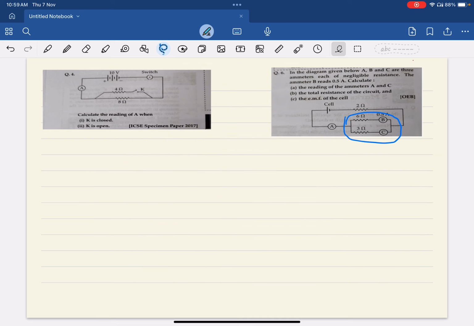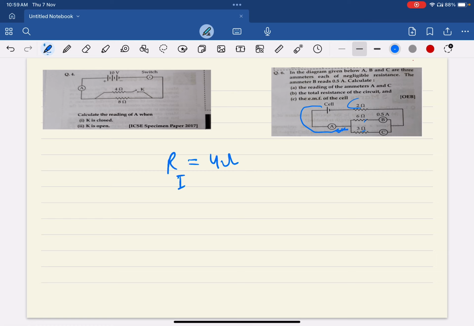Now, coming to the last part, which is to find the EMF of the cell. What does the cell do? The cell is providing the electromotive force, and that electromotive force is responsible for moving the electrons through 6 ohm, 3 ohm, and 2 ohm. We have already figured out the total resistance of the circuit is 4 ohm.